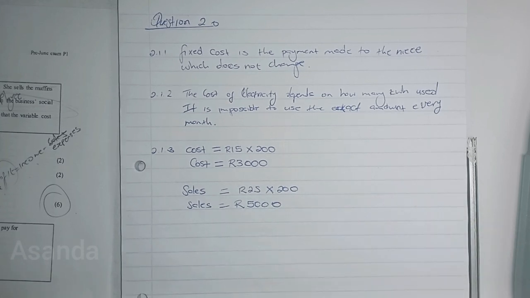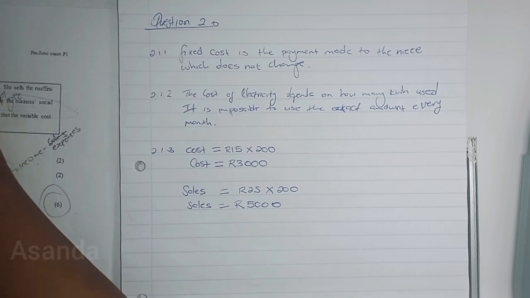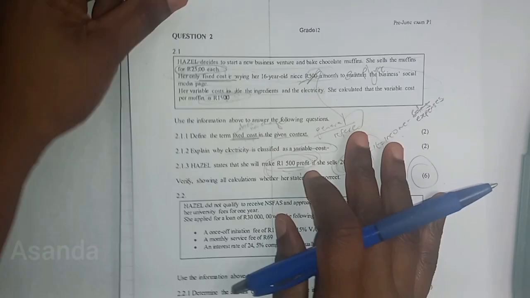Okay, now I'm going to just check if I missed anything. Now remember, they said that she also pays 500 rand per month for this amount here, that is a fixed cost. Remember the fixed cost?